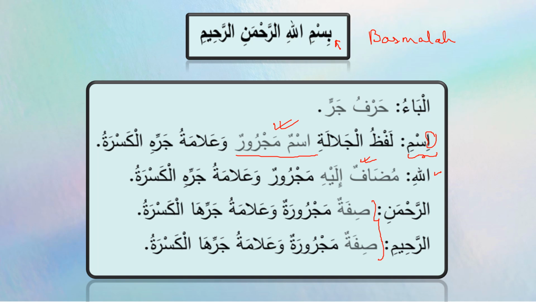By seeing that both nouns are a mirror image to what? Is it a mirror image to ism or is it a mirror image to Allah? It's a mirror image to Allah because it's sifa for Allah, not for ism. So that's why it's a sifa for Allah subhanahu wa ta'ala and not the noun ism.